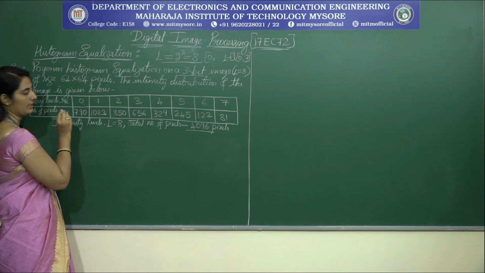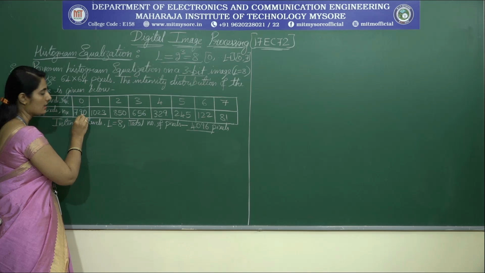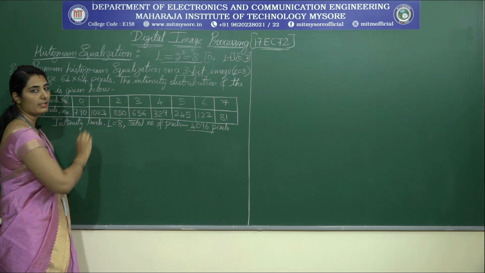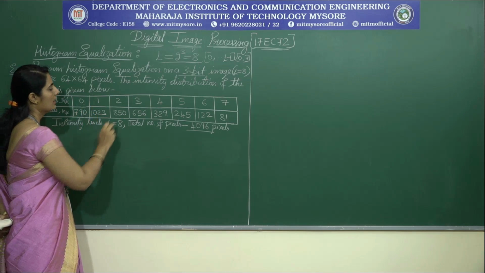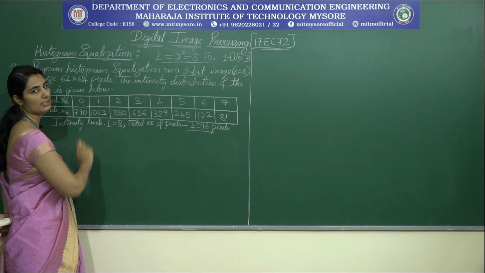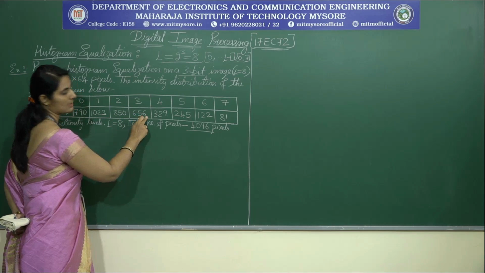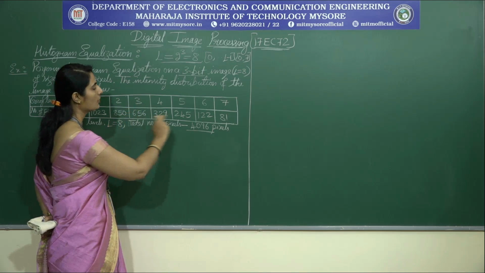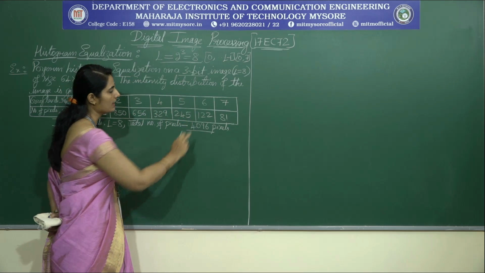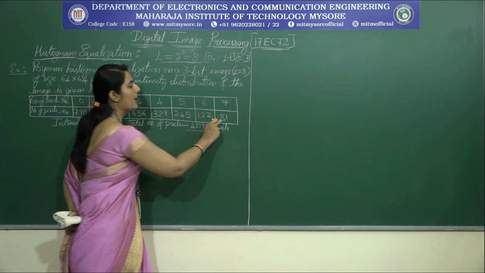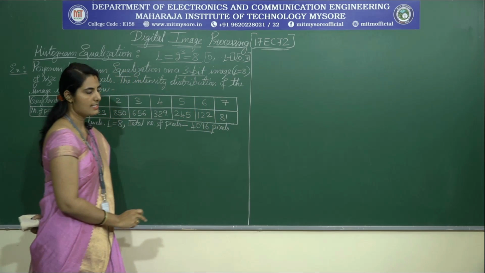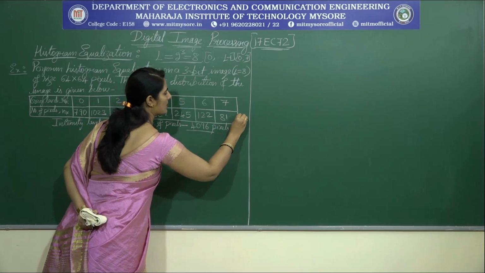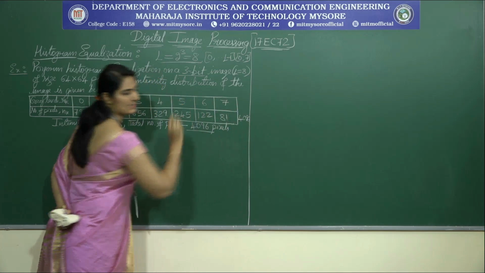In this image there are 790 pixels having gray level 0, 1023 pixels having gray level 1, 850 pixels having gray level 2, 656 pixels having gray level 3, 329 pixels having gray level 4, 245 pixels having gray level 5, 122 pixels having gray level 6 and 81 pixels having gray level 7. If you sum all these pixels, the total must again be 4096.